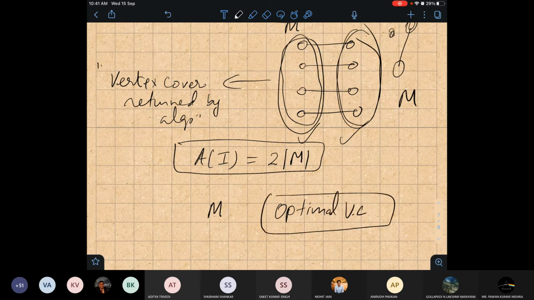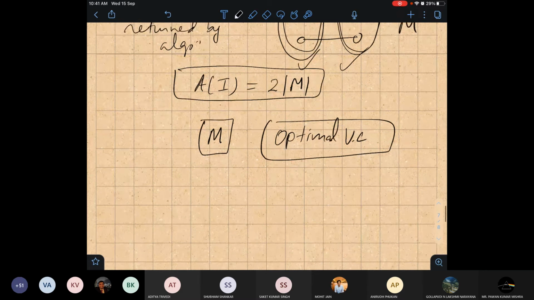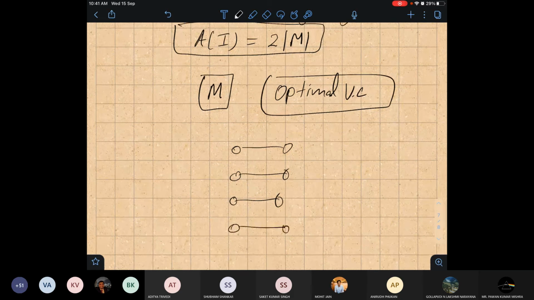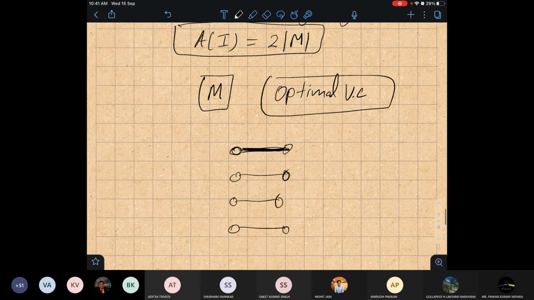See, we know this maximal matching, suppose this is M. For this particular edge, we need at least one node in our vertex cover. The vertex cover definition ensures that for each edge, at least one node out of these 2 should be in our solution.